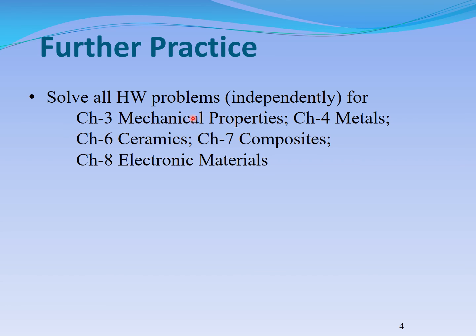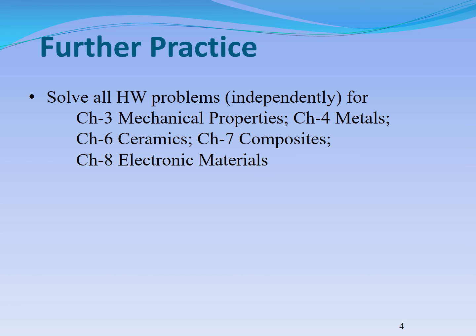For chapter 3 mechanical properties, chapter 4 metals, chapter 6 ceramics, chapter 7 composites, chapter 8 electronic materials, right? We know that we have already dropped chapter 1 introduction, chapter 9 biomaterials, chapter 2 crystal structure. So we have already reduced a lot of work for you. So for these chapters, we have posted homework problems.